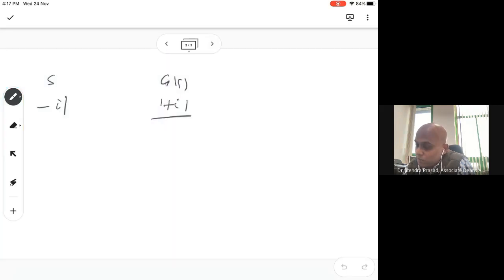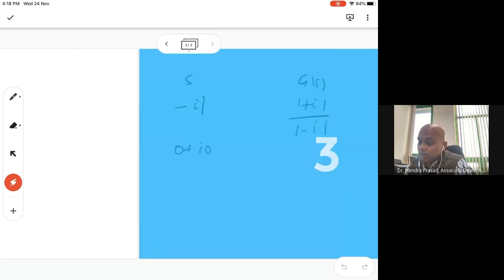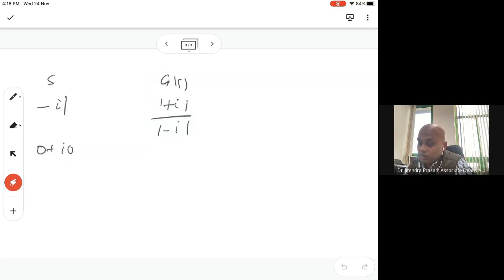Oh, sorry, 1 minus I. Right? Then we can have 0 plus I0, and in that case, if you put that, we go back to 1 value. So we have 1.